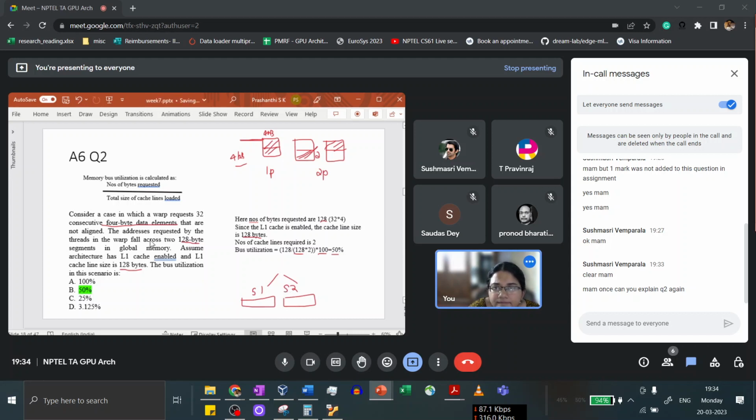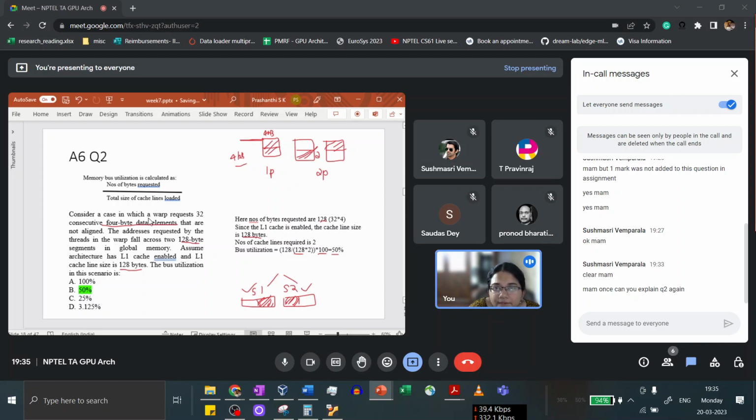Now these 4-byte elements maybe fall something like this. Out of these 128 bytes, let's say for simplicity, 64 bytes are in segment 1 and 64 bytes are in segment 2, right? So to get these 128 bytes, it is not enough if I load just segment 1 or just segment 2. I will have to load both of them.